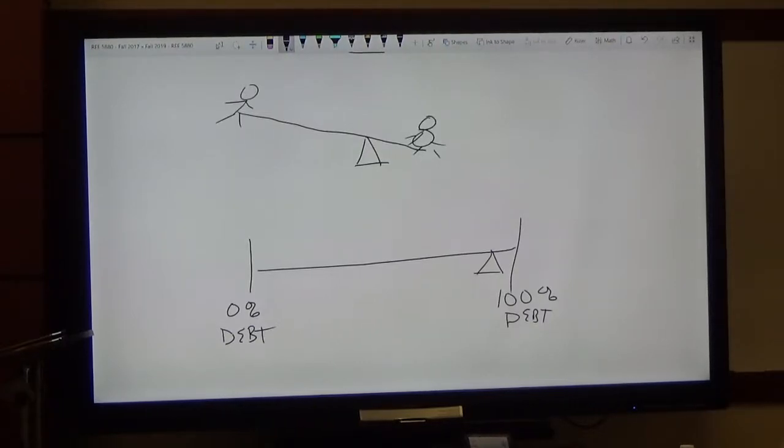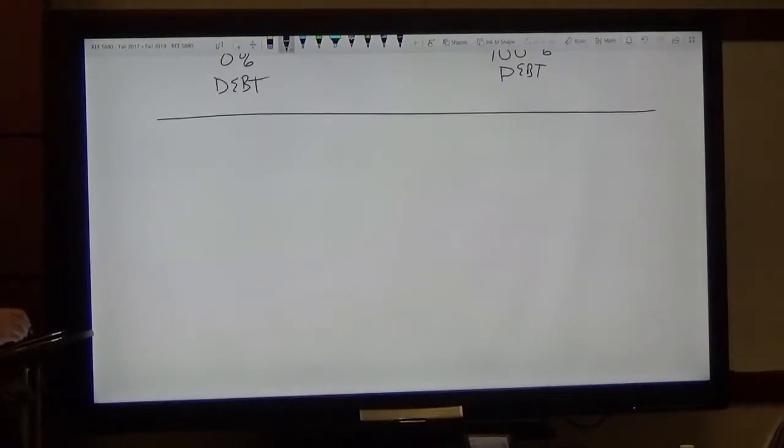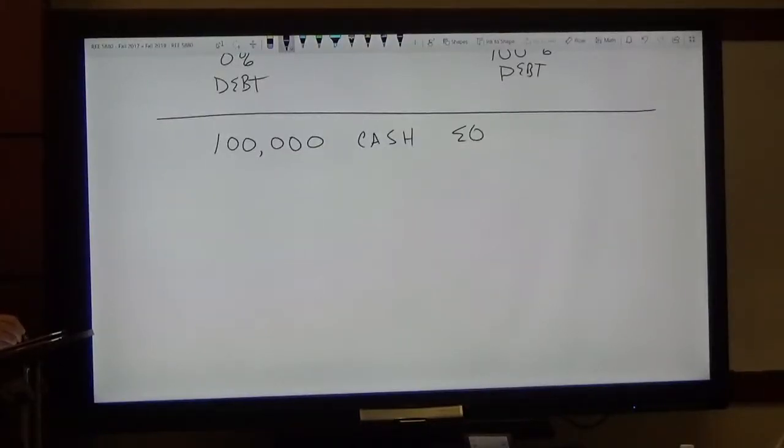So think about it from this perspective. Let's say, for simplicity's sake, you have $100,000 of cash equity that you received in an inheritance, salary, doesn't really matter, but it's your money, in a suitcase that you can take anywhere you need to go.